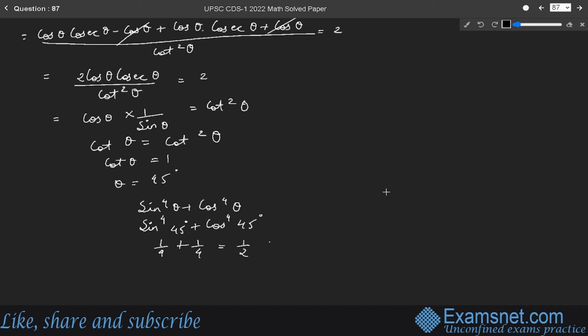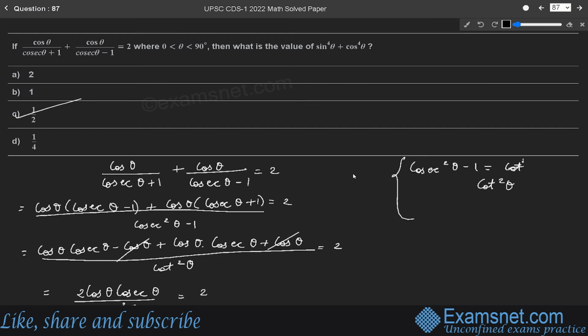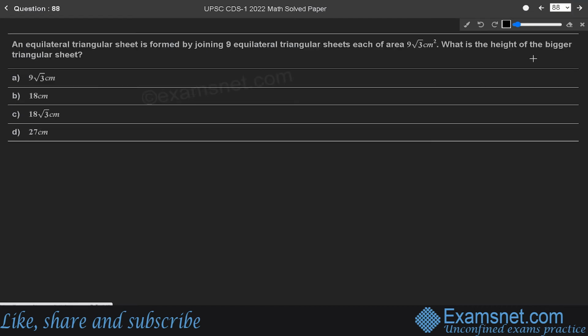Therefore, the value of sin power 4 theta plus cos power 4 theta is 1 by 2. So the correct option here is option C. The main part in this question was this basic concept here.